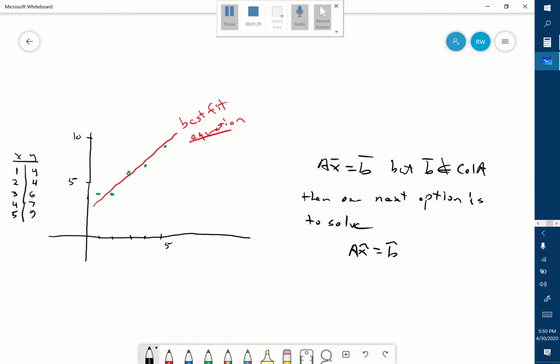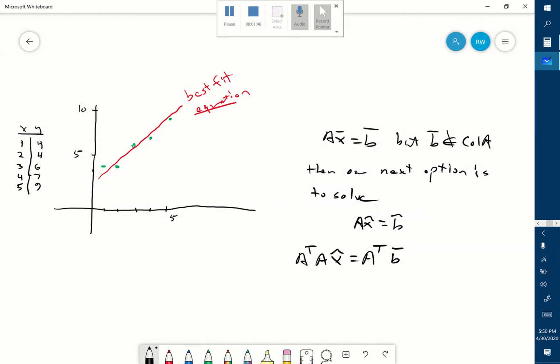We came up with a formula this morning that said, finally, A transpose A x hat is equal to A transpose b, which actually turns it into a linear equation. Now, how does this fit the graph on the left here? Well, what we're trying to do is find a linear equation, y equals mx plus b, that fits the data.